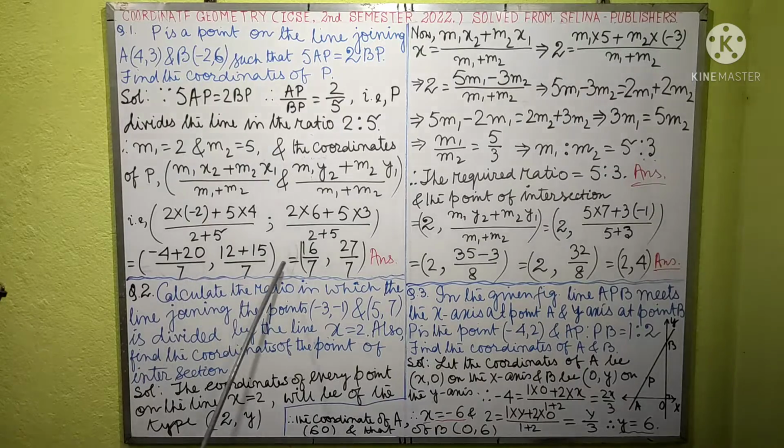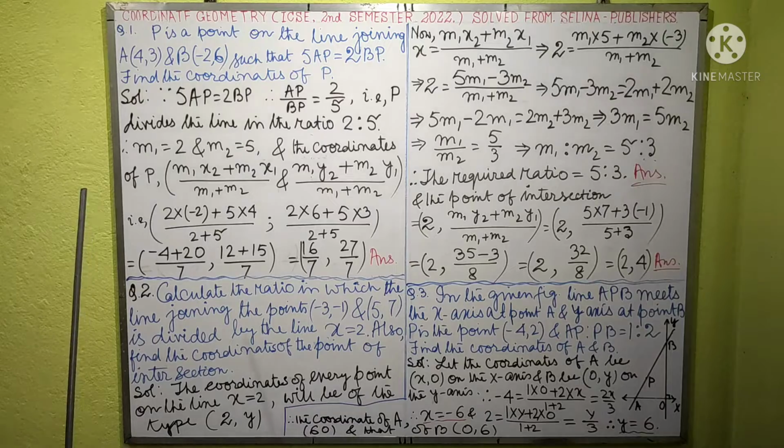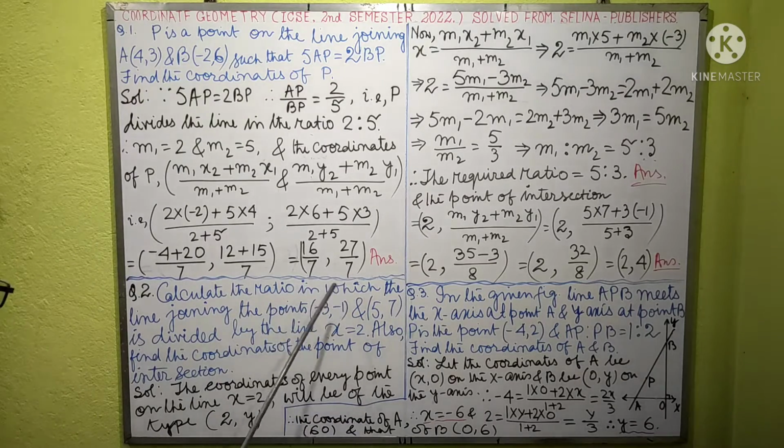And 2 times 6 is 12 and 5 times 3 is 15, so it is 27 by 7. So the point that divides the line joining A (4, 3) and B (-2, 6) has coordinates (16/7, 27/7).